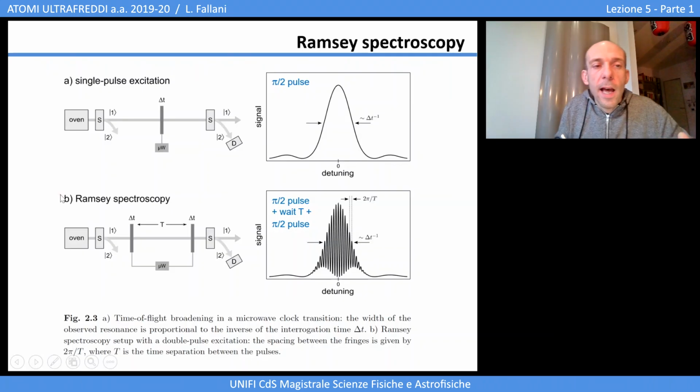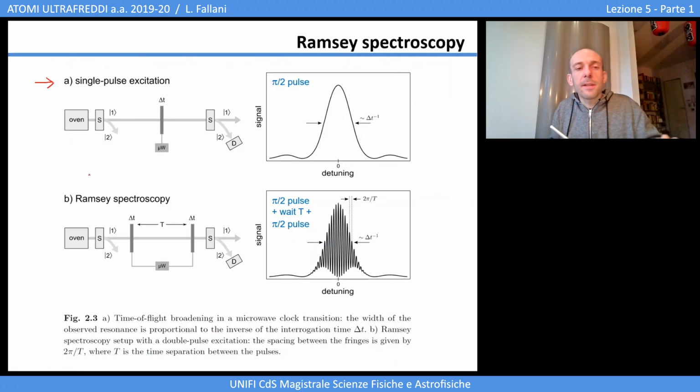What you see here at the top of this slide, in case A, is a spectroscopy experiment made with an atomic beam. This is a pretty common configuration in traditional atomic clock experiments, like the experiments that allow a definition of the unit of time, the second.